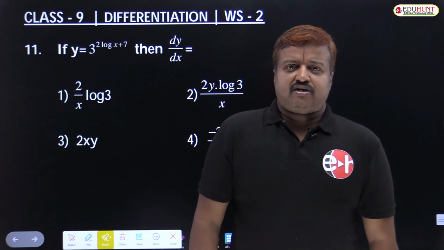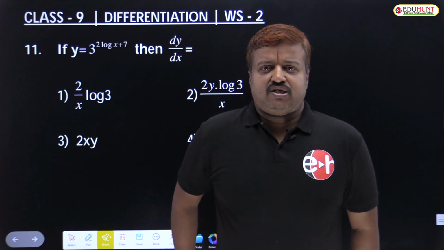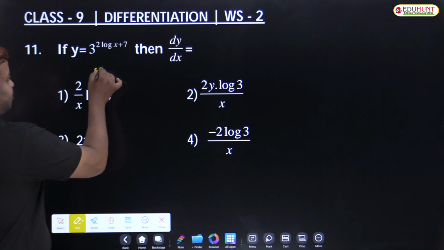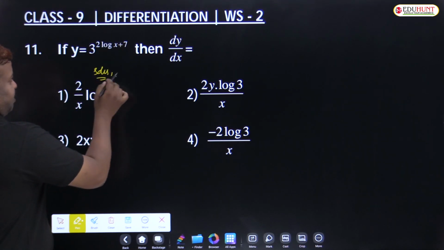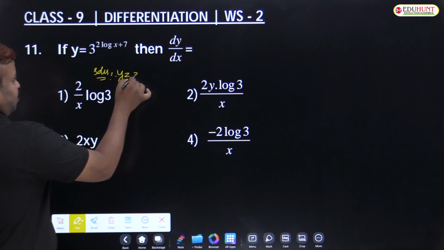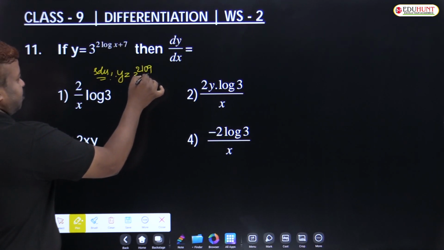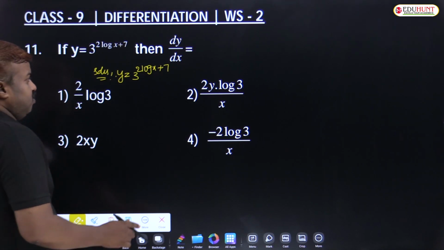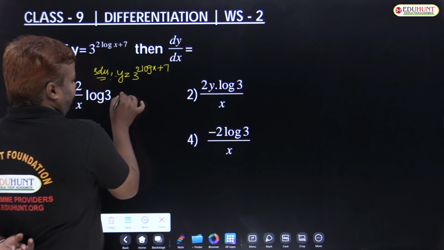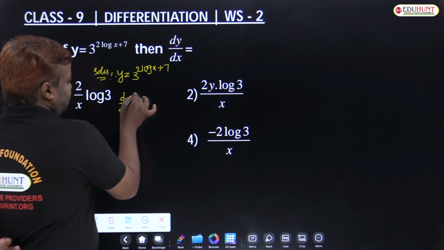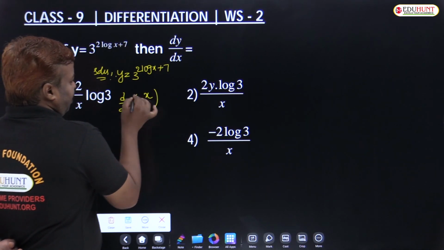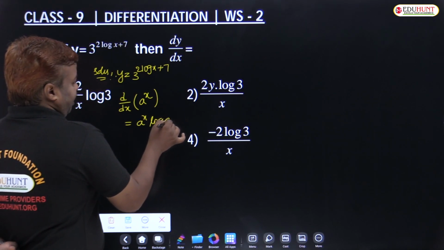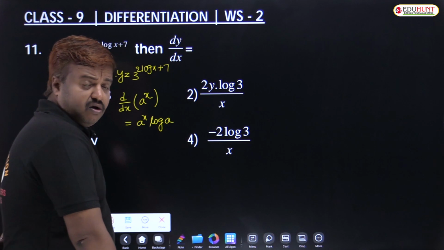Now I am explaining question number 11 here. So see that question number 11, the next solution. Y is given: y is equal to 3^(2 log x + 7). Now the formula is d/dx of a^x, that means a^x log a.